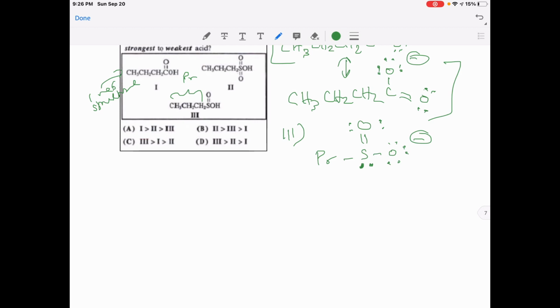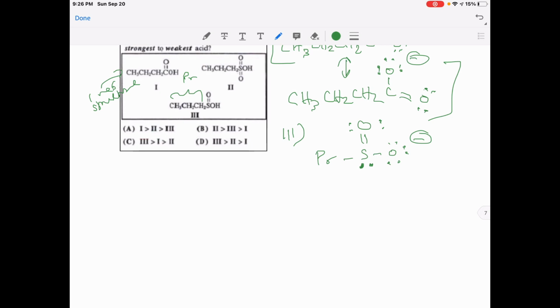And you might be wondering why. It's because sulfur is a third row element. Sorry, no, it's not within the second row of the periodic table. So yeah, it is within the third row.